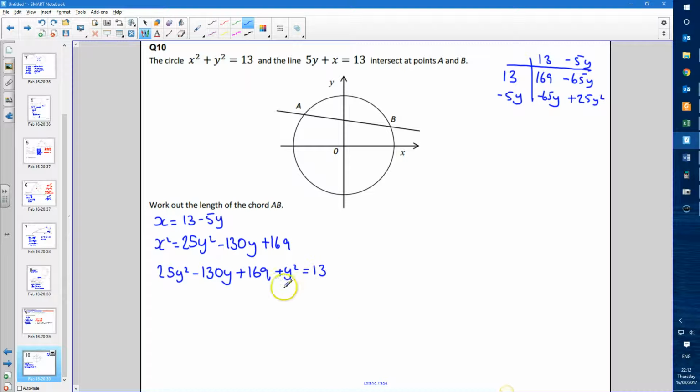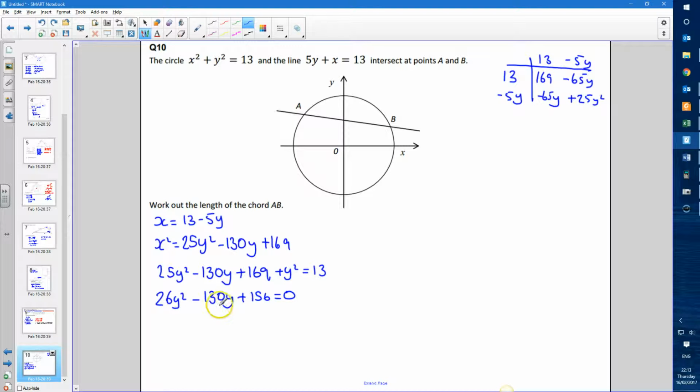And if I simplify this, I'm going to subtract 13 from both sides because I want it to be equal to 0. I'm going to have 26y squared take away 130y, as I've added that y squared to that 25y squared, plus 169, but I'm going to subtract that 13, so it's going to be plus 156 is equal to 0.